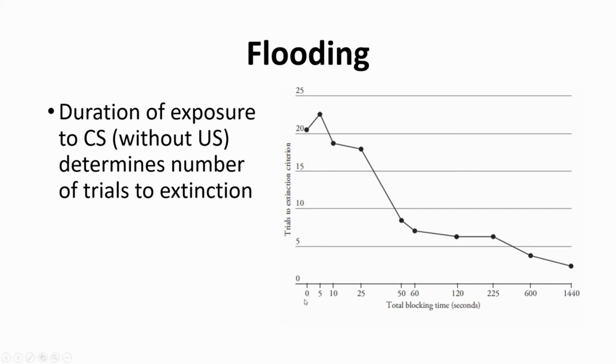So this is basically showing us that as we have more and more blocking time, so as our exposures get longer and longer, we need fewer and fewer trials to start showing that extinction behavior. So it's the total blocking time, not just the number of trials, that's driving this.